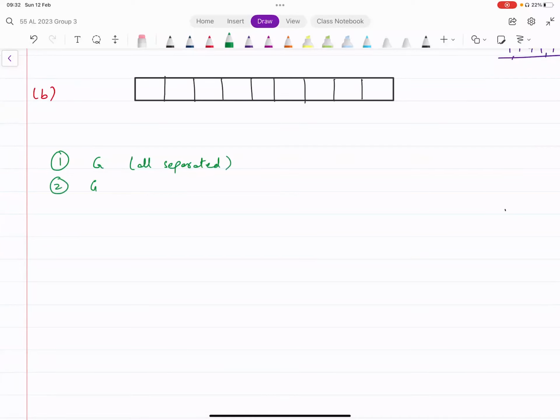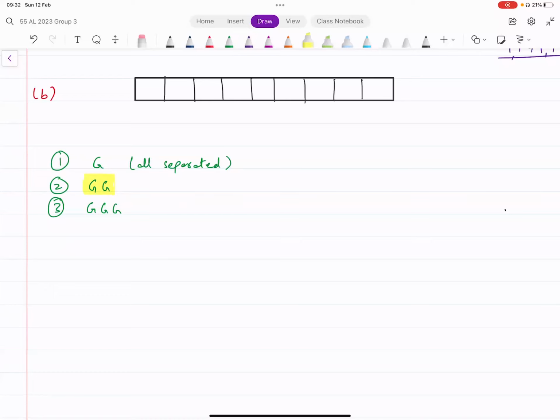We could have 2 G's together, exactly 2 G's together, and not 3. Okay, and then another possibility could be that we have all 3 G's together. These are the only 3 possible cases that we have. All right, what we are looking for is this case in the middle. We need this one.